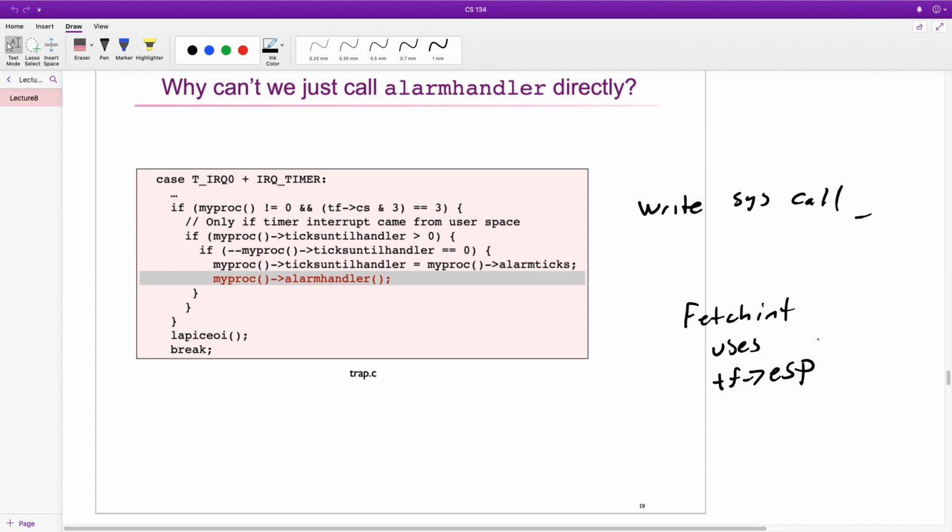But remember, there's a couple of values that the hardware won't push on the stack if you're going from kernel to kernel mode, only if you're switching modes. In this case, we're still in kernel mode when we execute the trap, our interrupt. Since we're going from kernel to kernel mode, it doesn't push the ESP. And so when we try and read and use the ESP, what's its value? Whatever happens to be there. So when we try and access that, we had a problem.